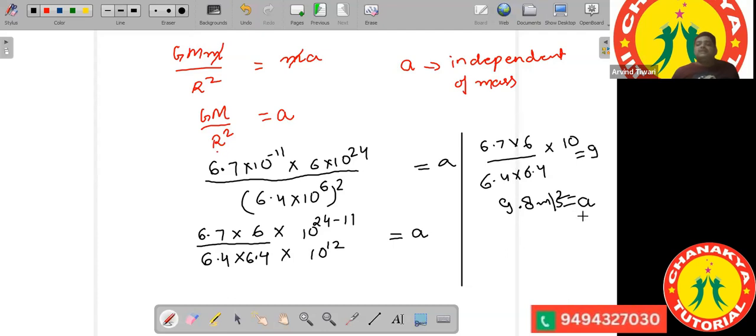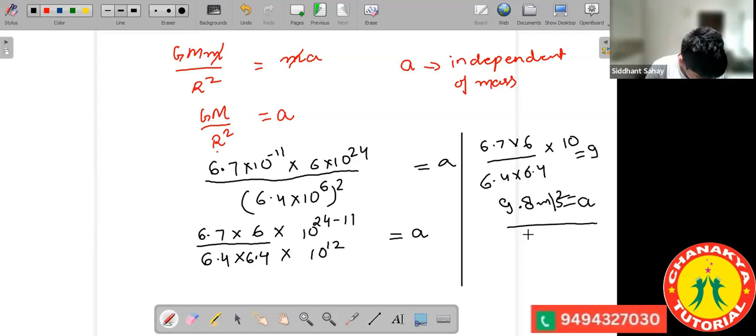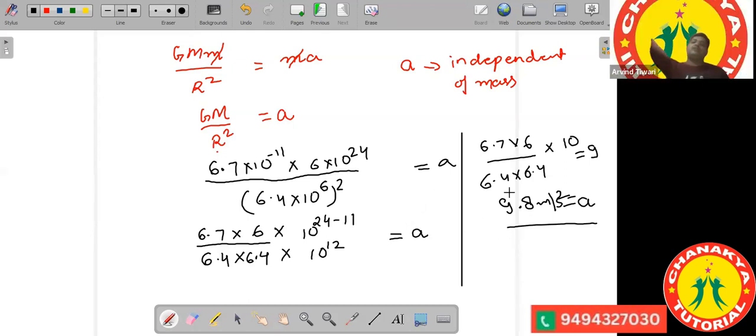So this acceleration that we are obtaining, we call as the acceleration due to gravity, and we denote it by the symbol g. This is small letter g. It represents the acceleration due to gravity, 9.8 meter per second square.